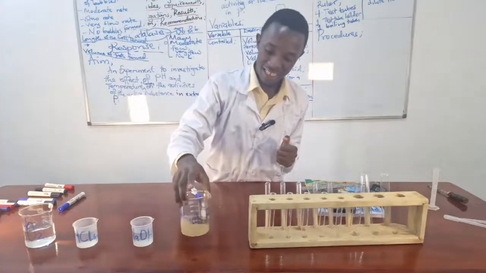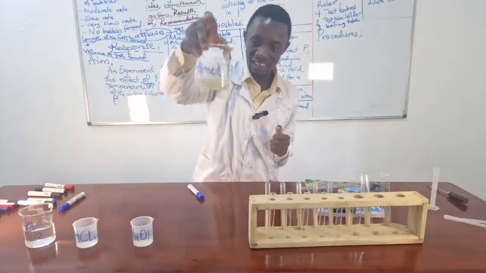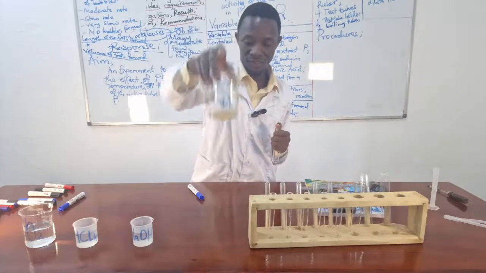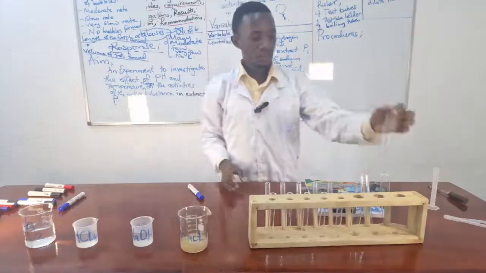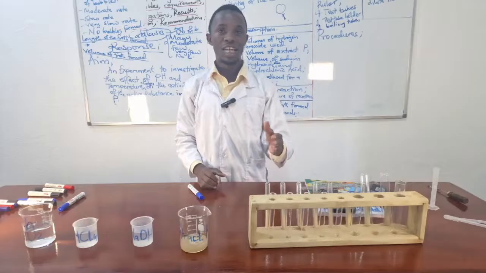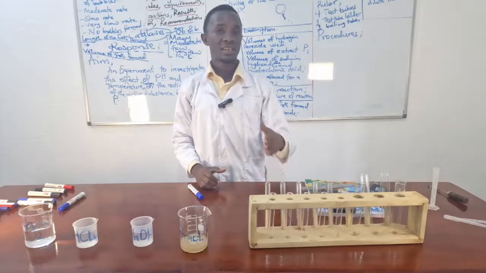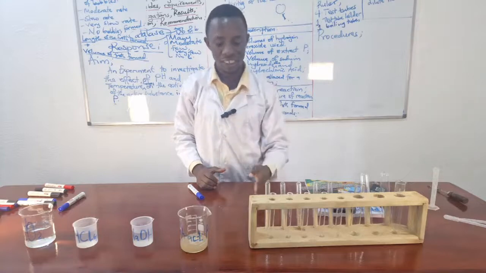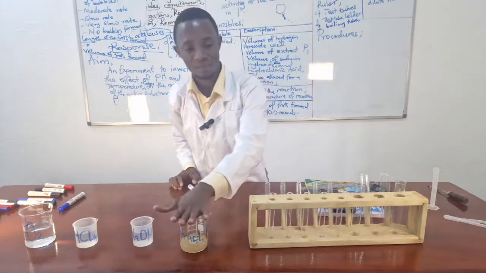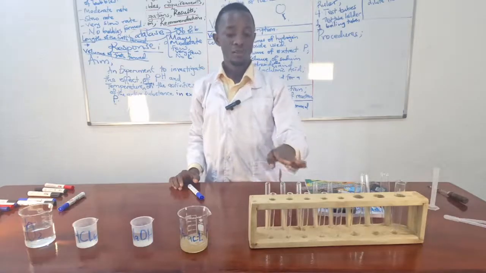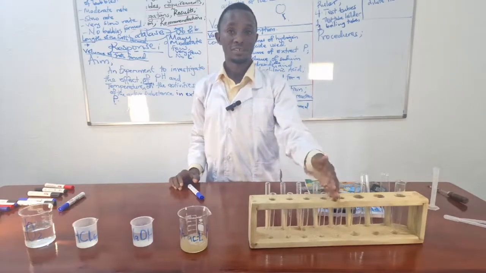Because remember, they are telling us that the active substance is in this extract P. To continue, after doing that, I will now start transferring equal volumes of the extract P to each of these test tubes prepared.